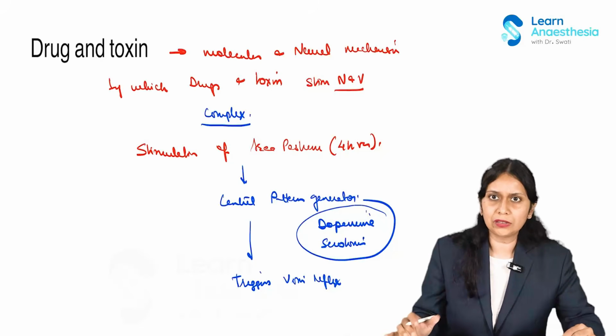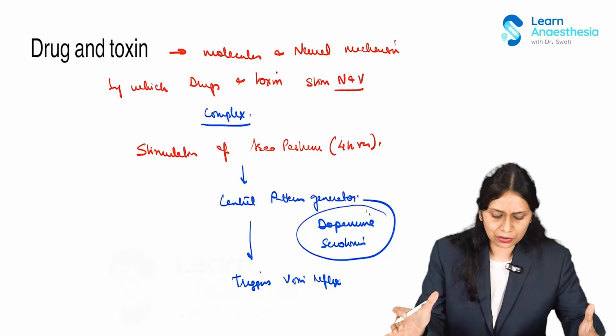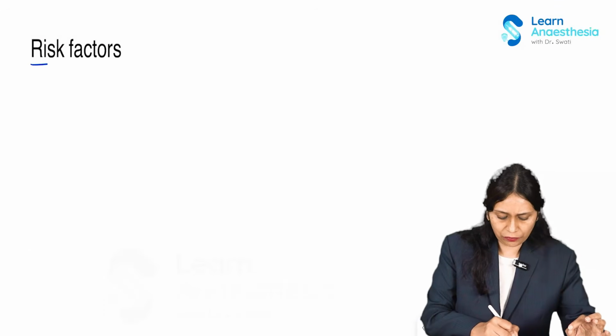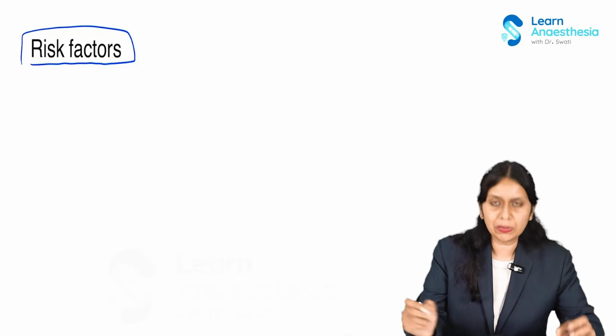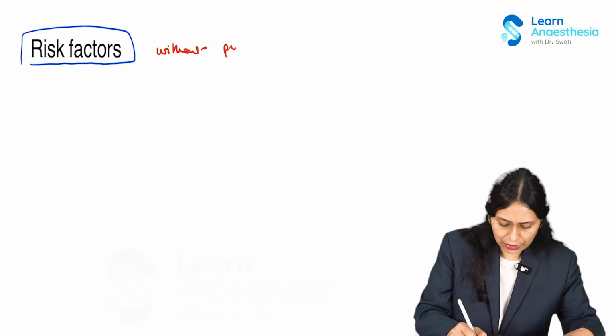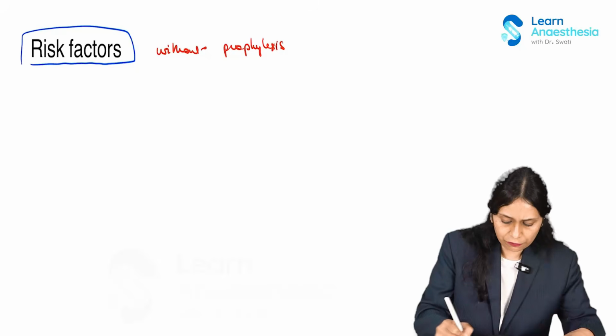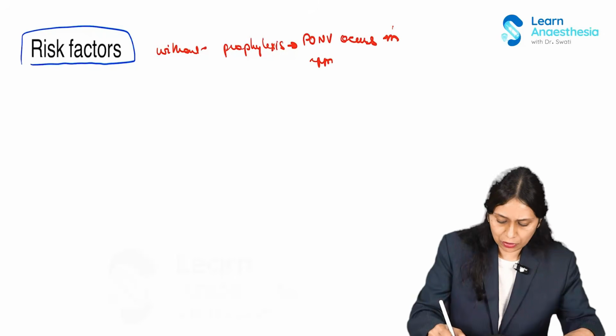Now there are many risk factors which increase the risk of nausea and vomiting in some patients compared to others. Without prophylaxis of post-op nausea and vomiting, PONV occurs in approximately 30% of children and adults after anesthesia.